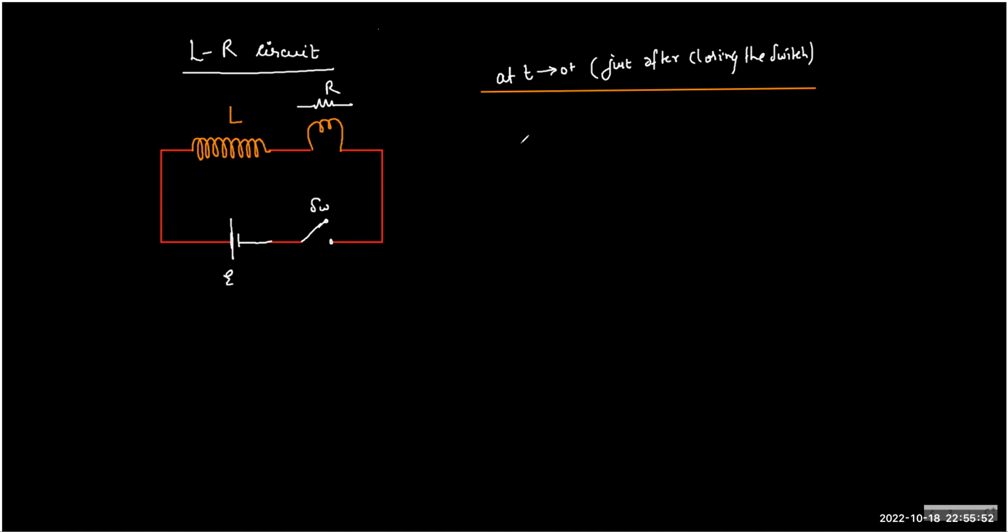So the inductor will not let the current establish itself. It will remain 0, and because there is no current, the bulb will not glow at the beginning.